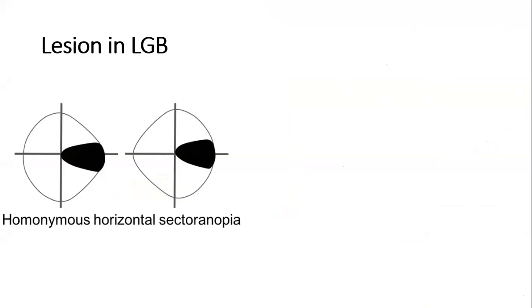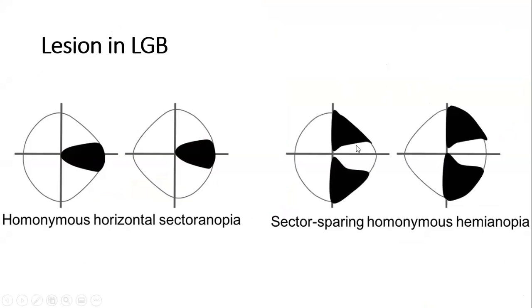And what happens if the anterior choroidal artery is blocked and the lateral choroidal artery is spared? We get a field effect like this, which is sector-sparing homonymous hemianopia on the contralateral side. If altogether it's blocked, we'll get total contralateral homonymous hemianopia. Whereas when there is a lateral choroidal artery lesion alone, we get a sectoranopia, and if it's an anterior choroidal artery, we get a sector-sparing homonymous hemianopia.